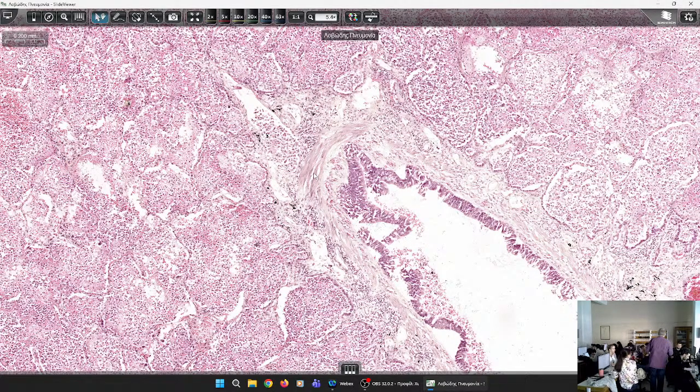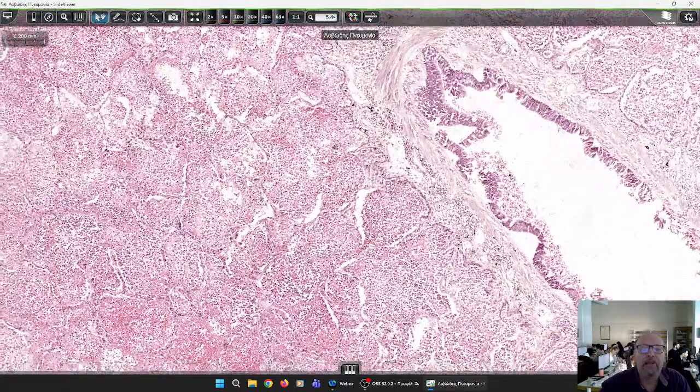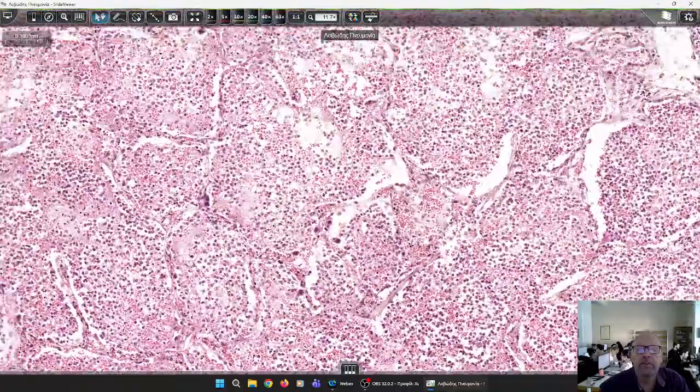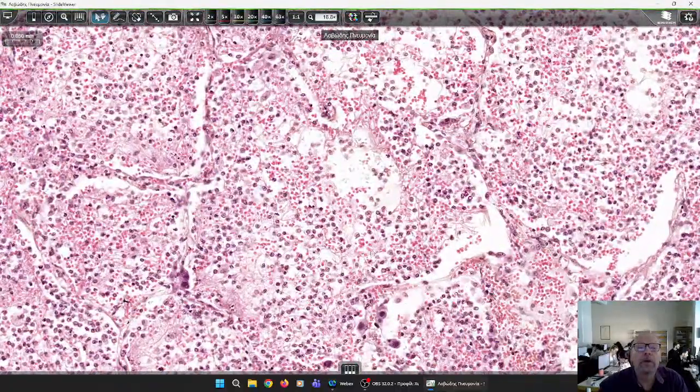No, the bronchus is not affected by inflammation. So let's see the part of the lung parenchyma that is affected by inflammation, and let's see where the exudate accumulates. So, look here. Do you recognize these septa?